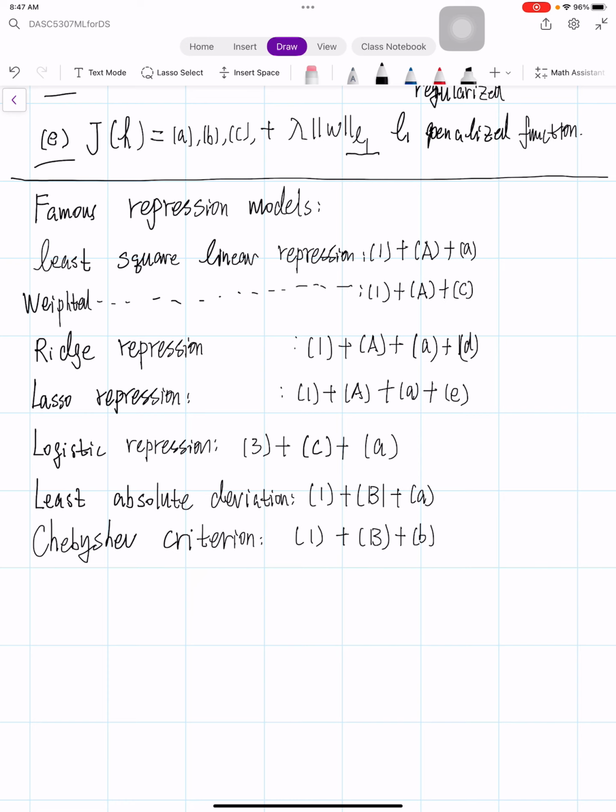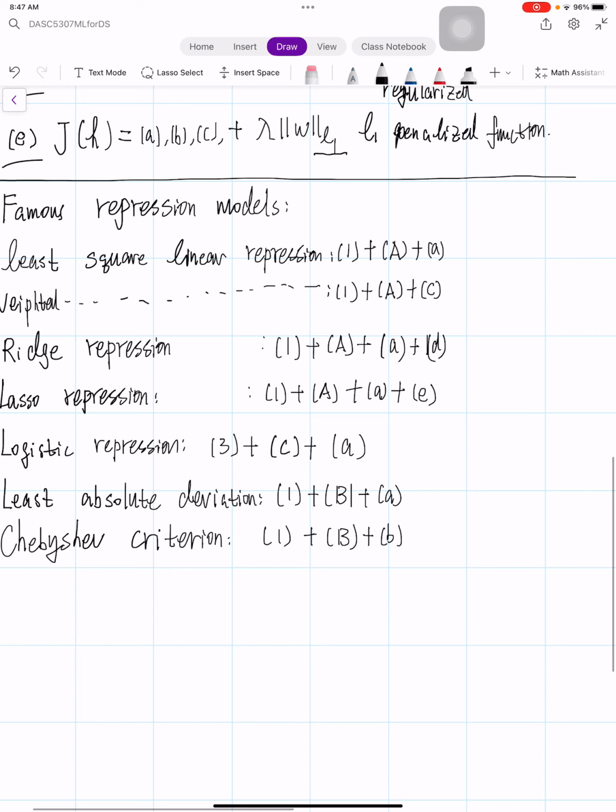It depends on what kind of combination of regression function form you use. We can then apply some numerical methods to minimize the cost function to get the parameter values.